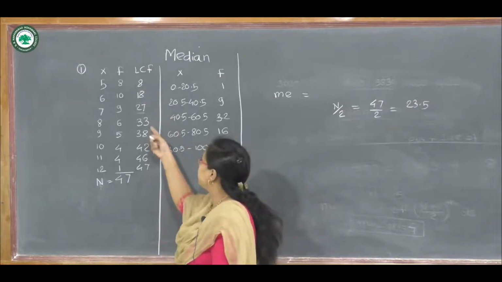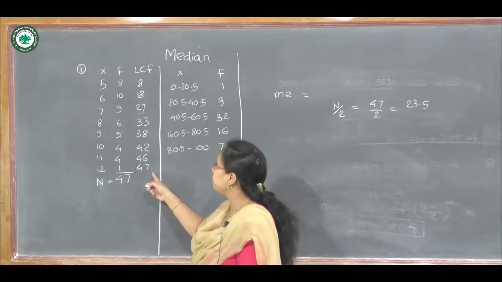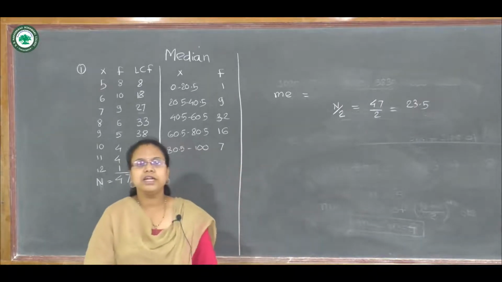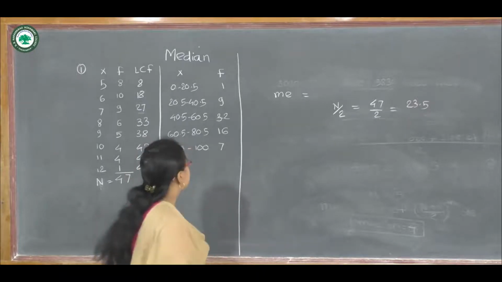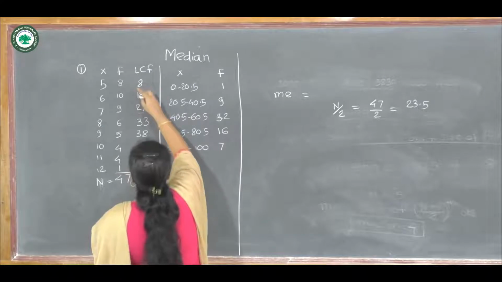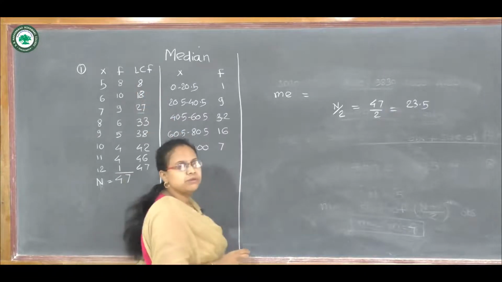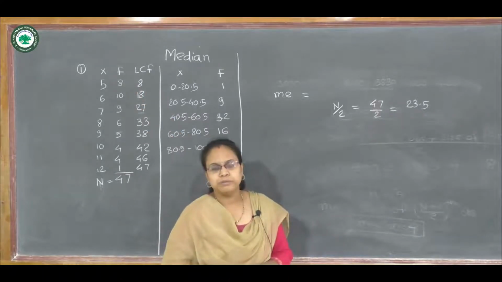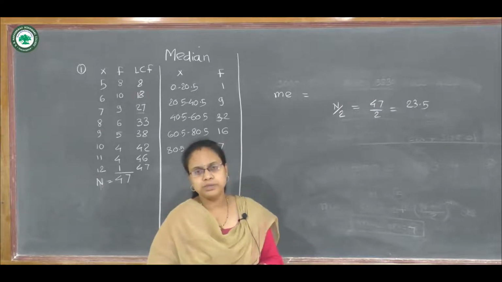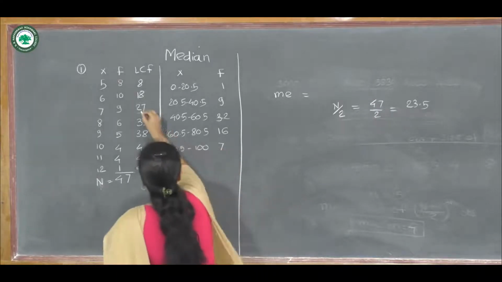Here I have calculated the less than cumulative frequency. We have already learned how to calculate LCF in my previous video lectures. We add the frequencies one by one from top to bottom. So here 23.5, the n by 2th observation, will lie here.